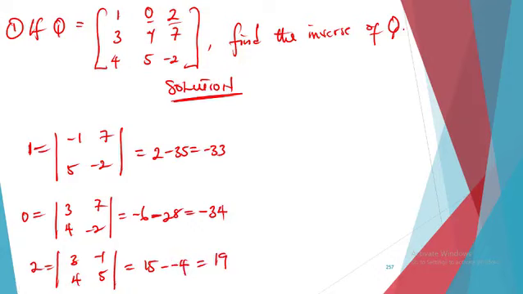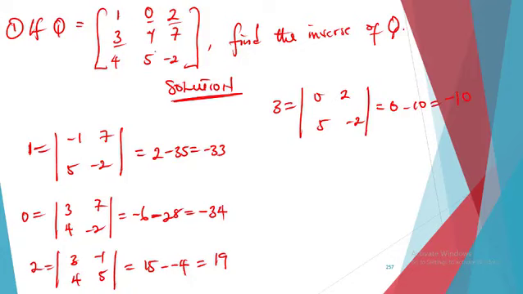Okay, then we'll come over to 3. Eliminate everything here, we have 0 2, 5 minus 2, and this will give us 0 times minus 2 will give us what? 0, minus 5 times 2 is 10, so we'll have minus 10.